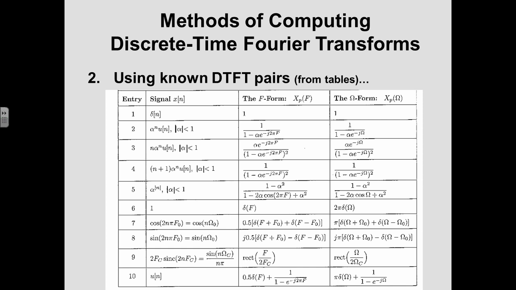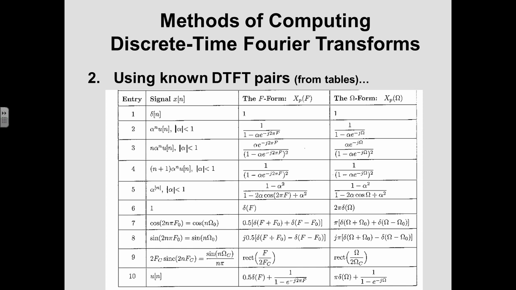Now notice there are two different versions of the discrete time Fourier transform that usually show up in these tables. The kind we've been using, where our explicit variable is capital F, digital frequency in cycles per sample. There's also an omega form, which some texts use a capital omega, some use a lowercase omega.